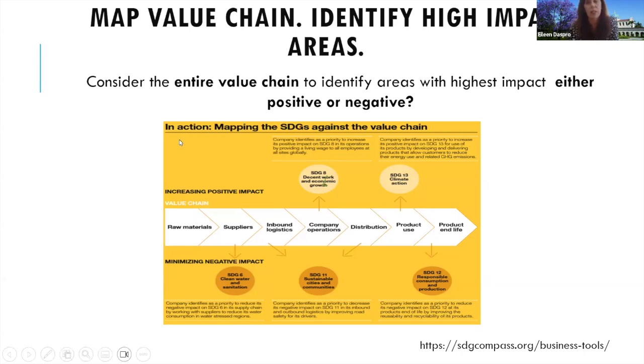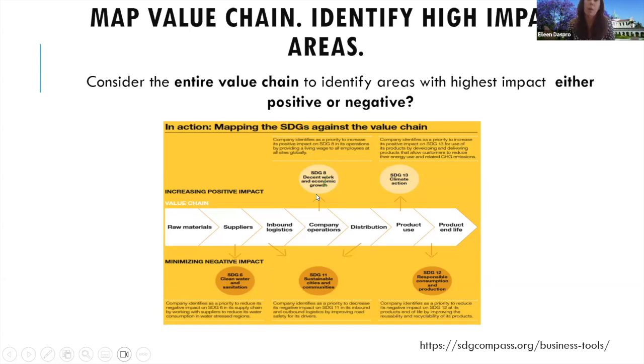So, this is an example from a firm, their value chain here, and they've identified some possibilities where, listen, through our work with our suppliers, we can, for example, minimize our negative impact in terms of water use and sanitation, or there's an opportunity for positive impact in our own company's operations by creating better work conditions.